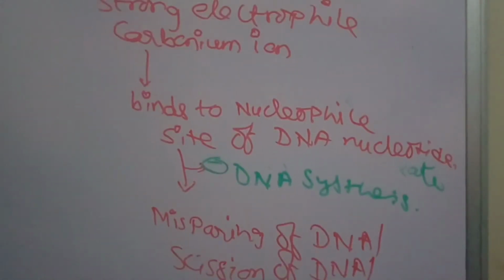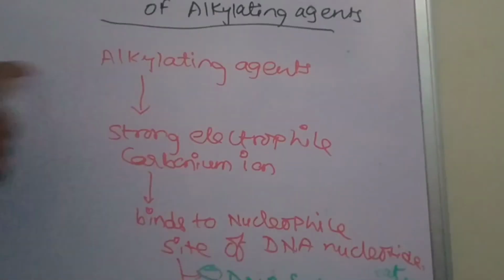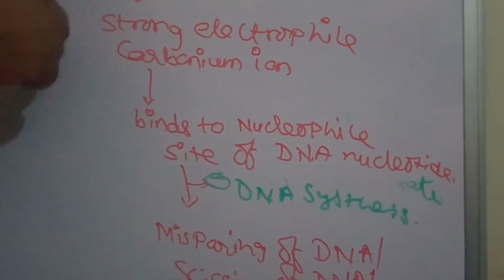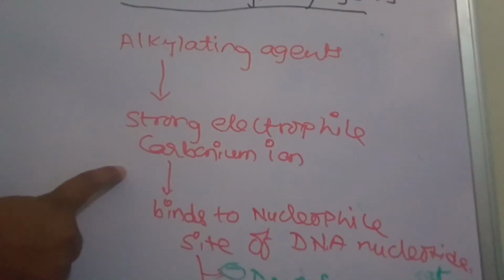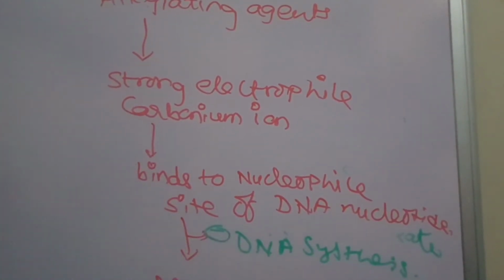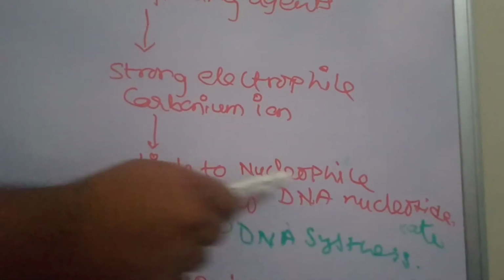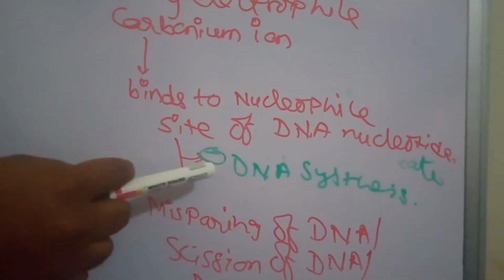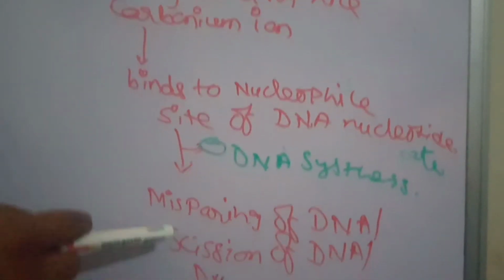We have seen in the general mechanism that the alkylating agents act on DNA synthesis and inhibit it. How do they inhibit it? They form a strong electrophilic carbonium ion, which binds to the nucleophilic site of the DNA nucleotide. As a result, DNA synthesis is inhibited.